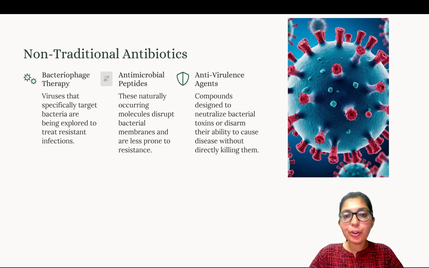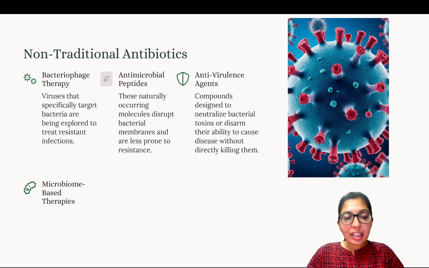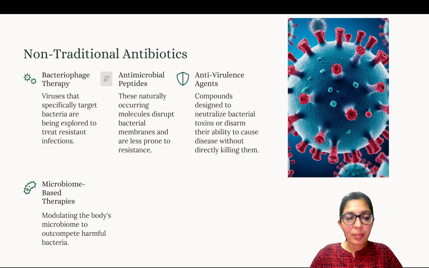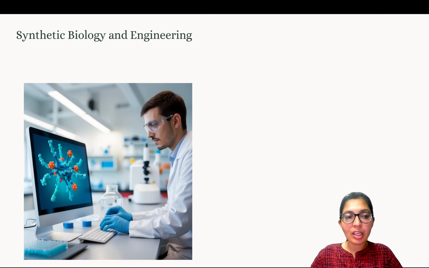Compounds designed to neutralize bacterial toxins or disarm their ability to cause disease without directly killing them. Last one is microbiome based therapies. Modulating the body's microbiome to outcompete harmful bacteria. These were the non-traditional antibiotics.